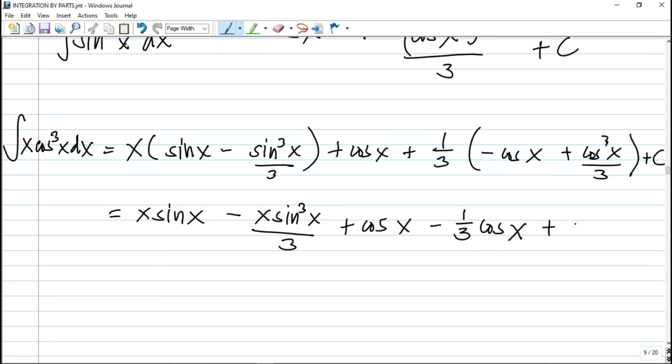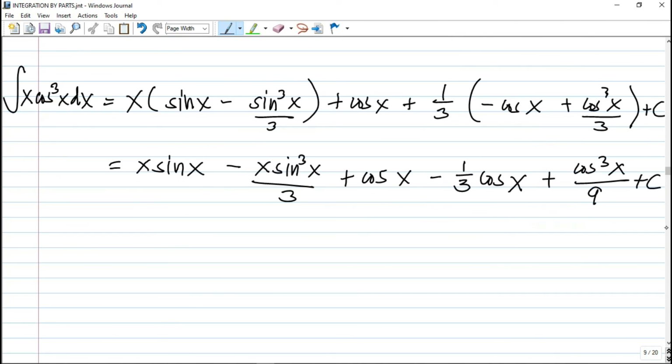So plus, we have here cosine cube x, 1/3 times 1/3. So 3 times 3 here on your denominator, that is 9. So plus c. Simplify pa natin, guys, because ito, this is common. Common yung cosine x and cosine x. 1/3 cosine x here, pwede natin siyang i-combine.